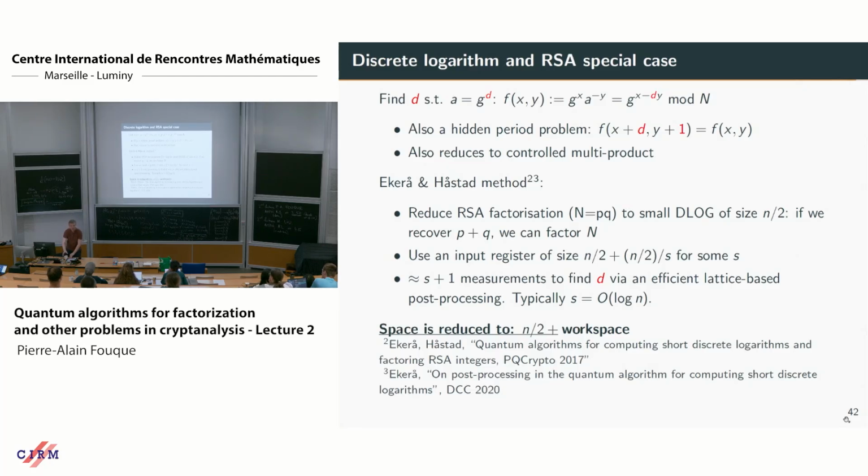So we are expecting that people will be able to construct a larger computer. I just showed this afternoon that now IBM expects to have, I don't remember, maybe 1,000 logical qubits for 2029.